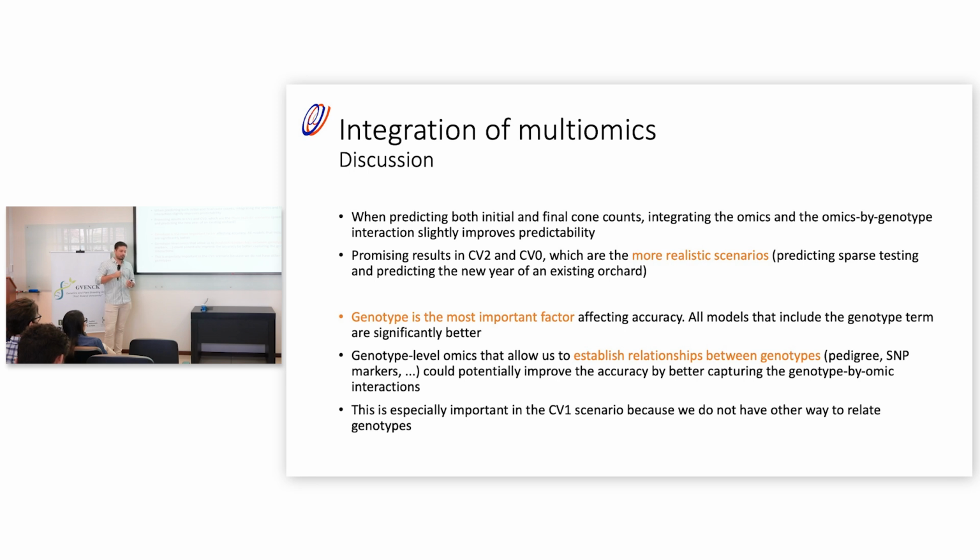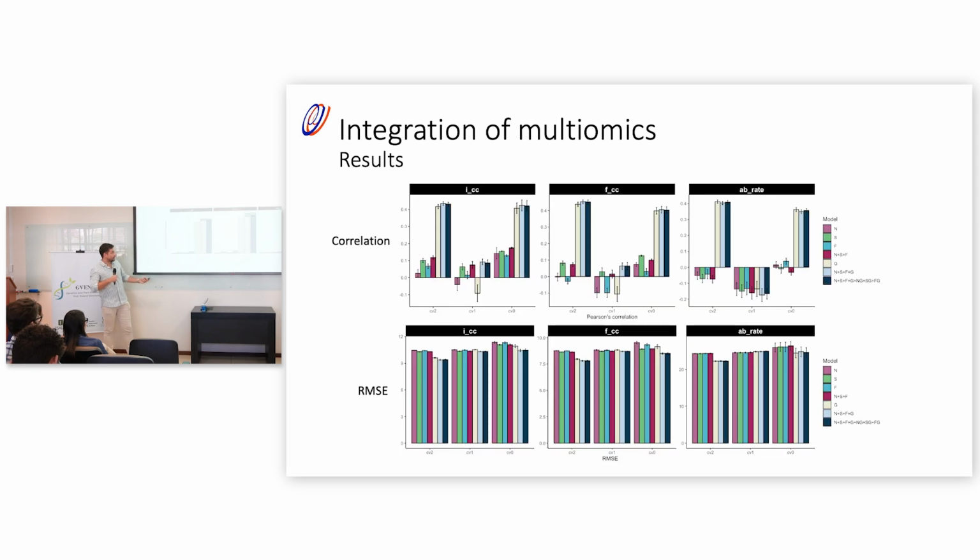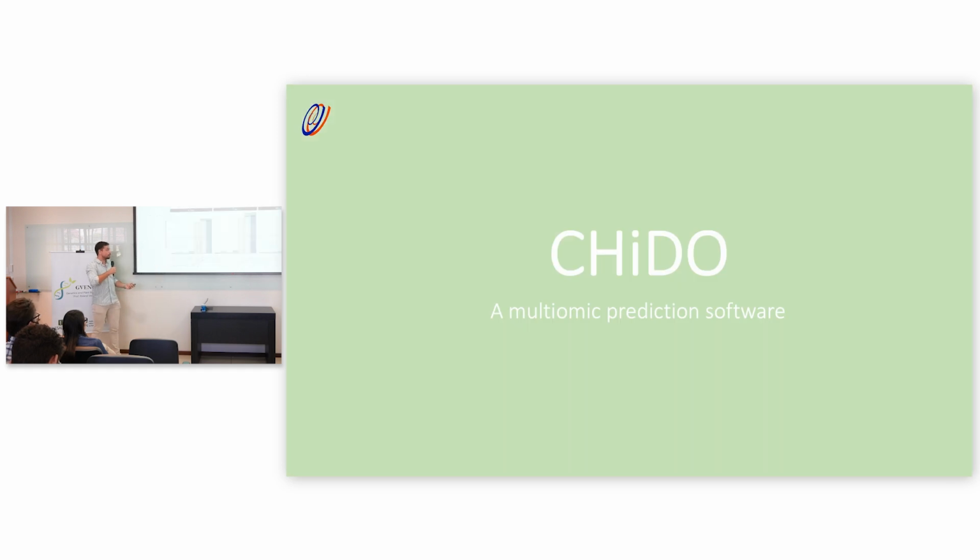We could ask, what's the interaction between marker 1 and this specific sodium value? That would be interesting. And of course, we would improve the CV1 scenario, in which we aren't able to predict anything. This is really hard to predict for any program, but it still should be a bit better.